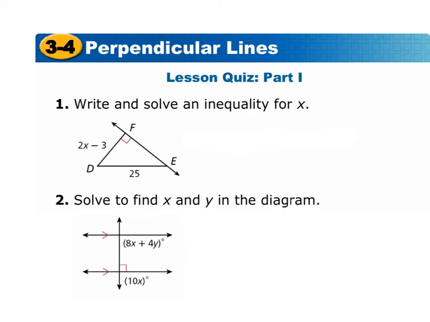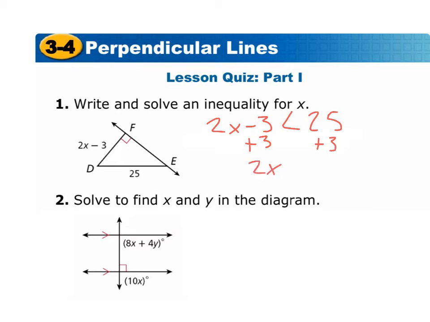Write and solve an inequality for x. 2x minus 3 is less than 25. Perfect. Haley, how would we solve this? So we would add 3 to both sides.